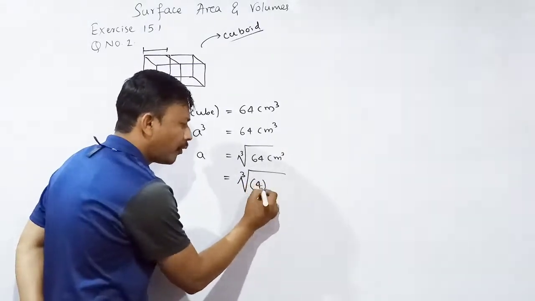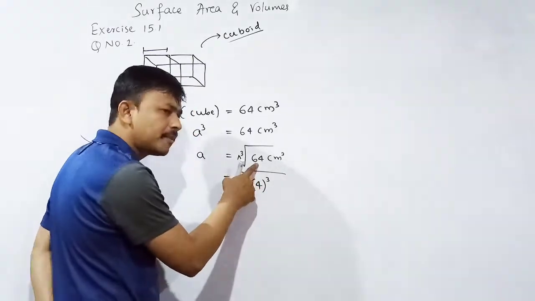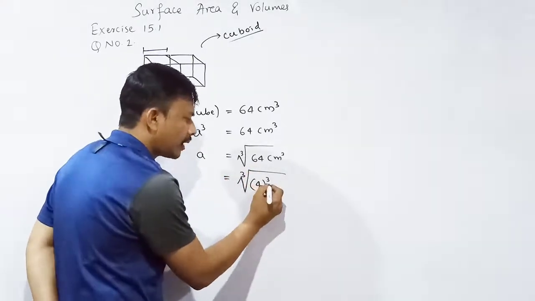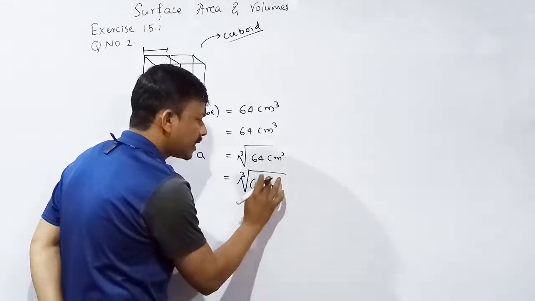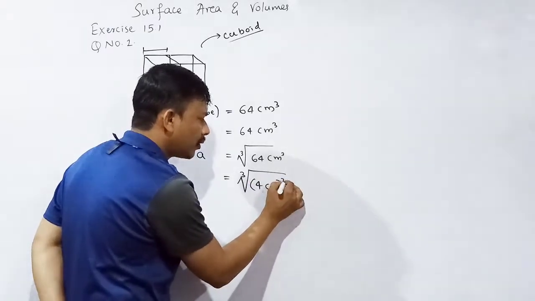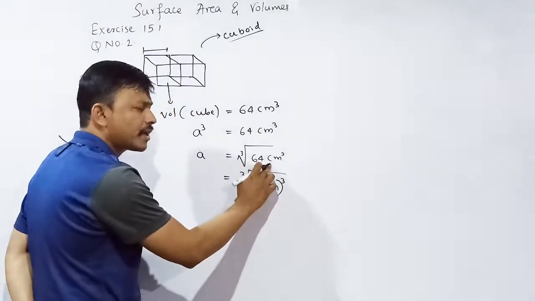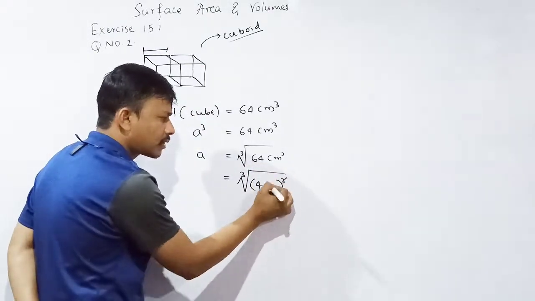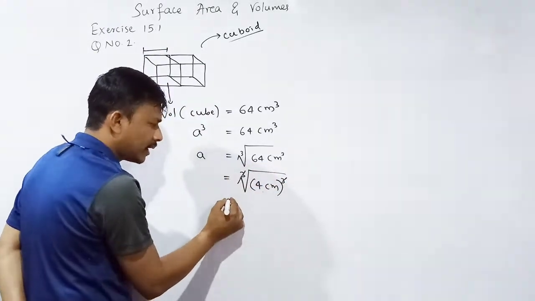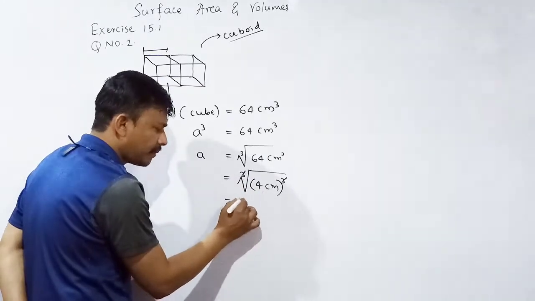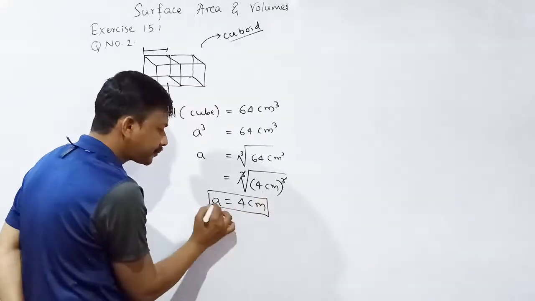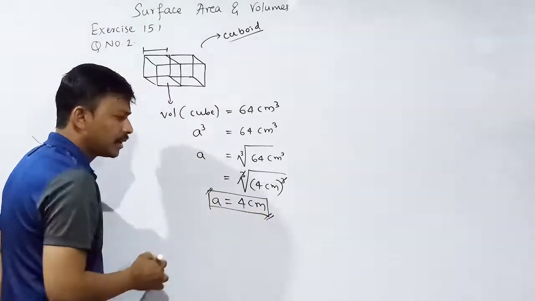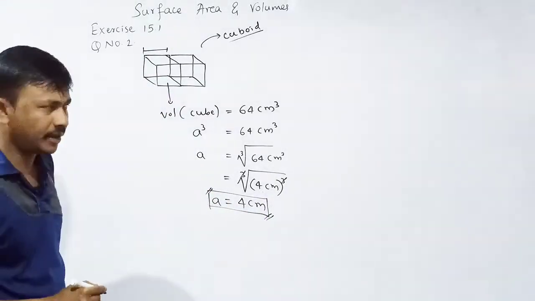That means 4 cube is nothing but 64 only. Okay, 4 centimeter whole cube is nothing but 64 centimeter cube. This cube and cube root get cancelled. Then what is the answer? 4 centimeter is the answer. Therefore, the side of 1 cube is equal to 4 centimeter.